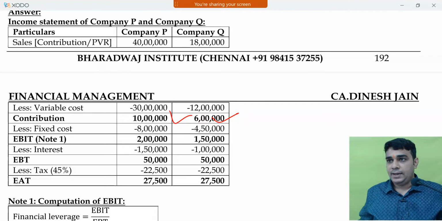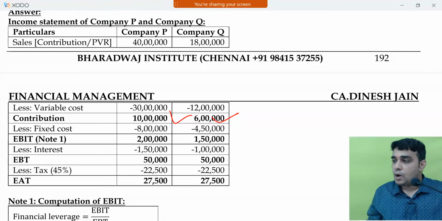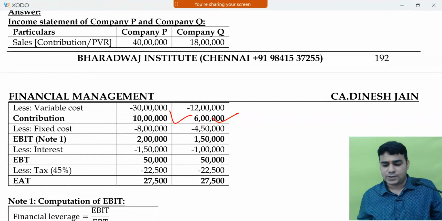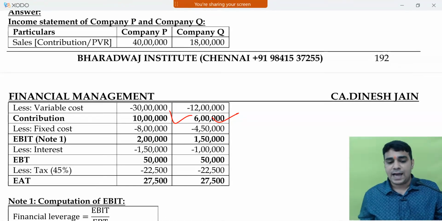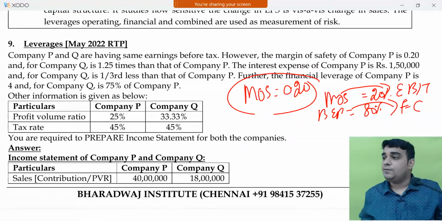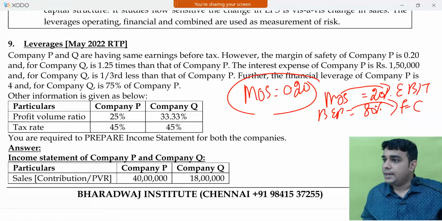You will have to use inverse of margin of safety to get to the operating leverage. Operating leverage is equal to 1 by margin of safety. This formula was not there in any of the ICA material till now. The formula is right, but we have never used it in any question. So this question has that, which is why I have discussed this. This is, I think, a May 2022 RTP question. Inverse of margin of safety will become your operating leverage. Clear? Any doubts on this?